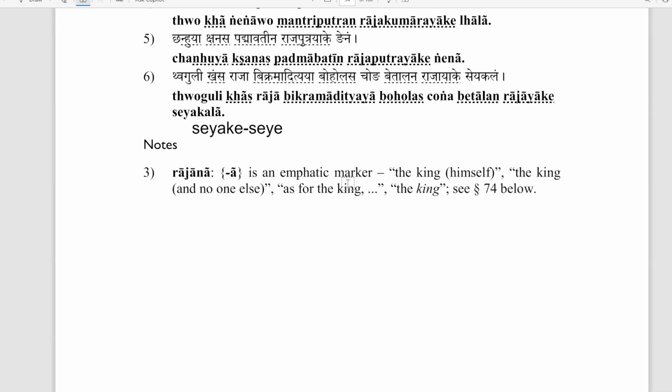Very interesting. Perfective participle, Seyagle is perfective past. Okay, we are going to get to the verb stories just in 2 minutes.